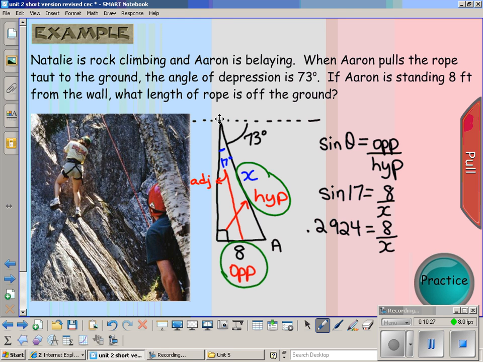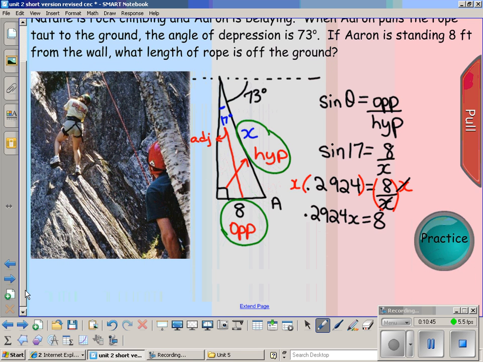It is a linear equation. We solve it by multiplying by the denominator, which is x. And so we have 0.2924x equals, the x's cancel out, 8. And now we divide by 0.2924.